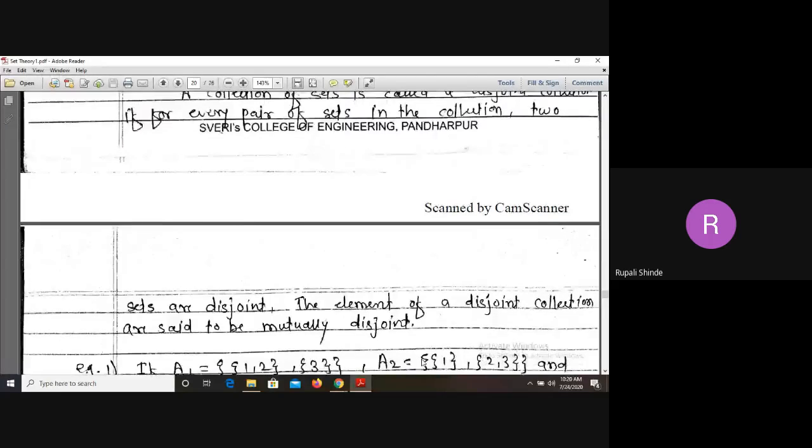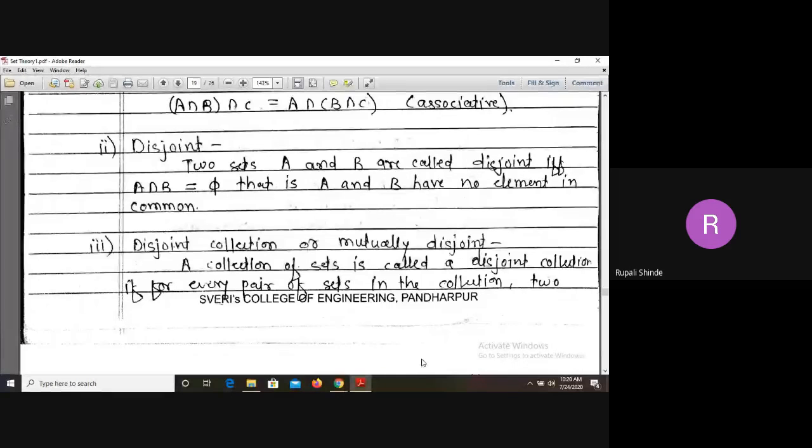Okay. So already we have seen the meaning of disjoint. If nothing is common between any two sets, then those two sets are called disjoint. Now, what is the meaning of disjoint collection? A collection is what? It will be a collection of sets.